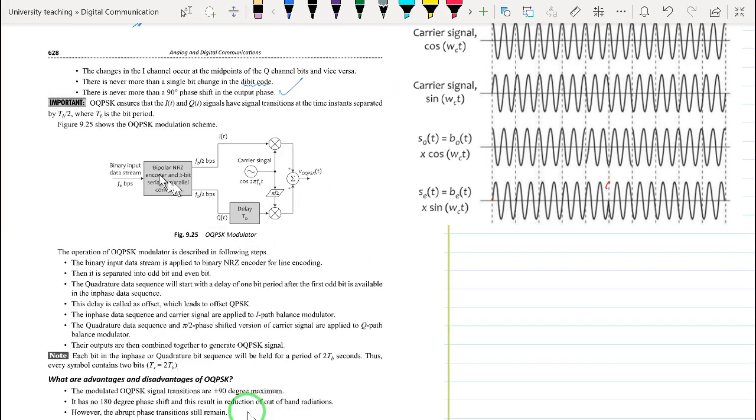So this is a block diagram of the OQPSK. As we have seen in QPSK, the binary data stream is arriving at the rate of FB bits per second, and the bits are encoded using the bipolar non-return to zero encoding scheme.